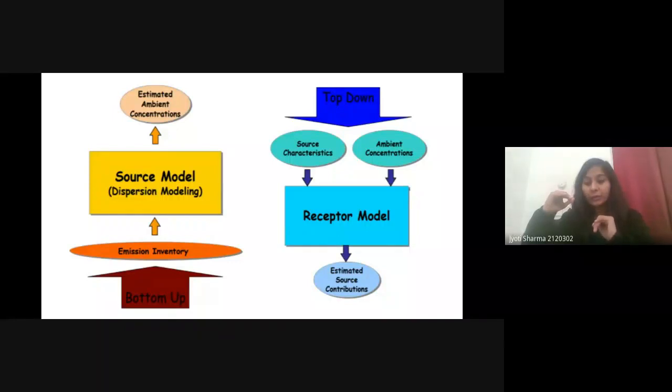Okay, so how will you calculate? This will be based on what type of pollutant you have in the atmosphere. You will have to do some kind of chemical analysis. For example, if there is particulate matter in your atmosphere, then you will go to the laboratory, collect some samples, and see what is the characteristic feature of that particular matter in that particular area.